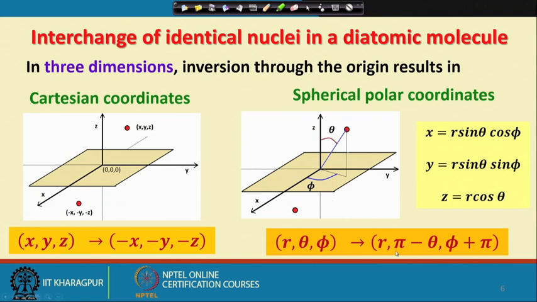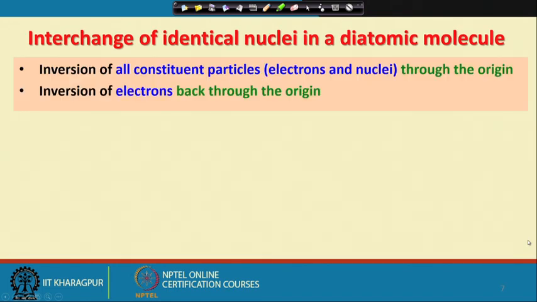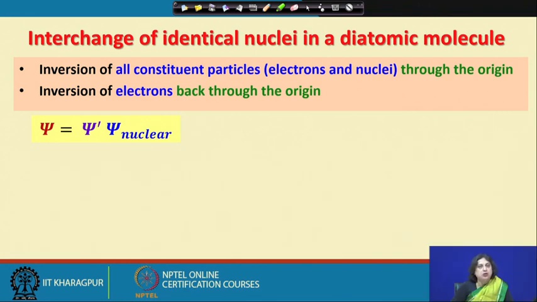So, that would be pi minus theta, and similarly you can very easily show that phi will be replaced by phi plus pi. So, under such condition, let us now think about what happens when I carry out this inversion, which means a change of the coordinate system such that x goes to minus x, y goes to minus y and z goes to minus z, or some equivalent coordinate transformation as far as the spherical polar coordinates are concerned.